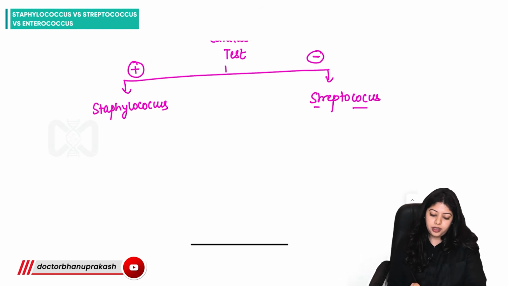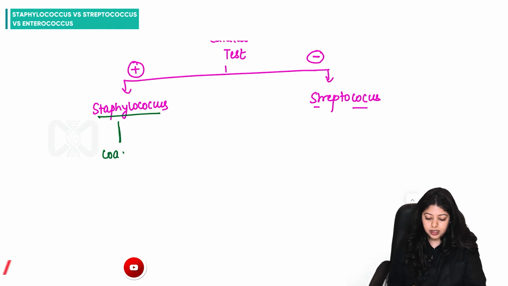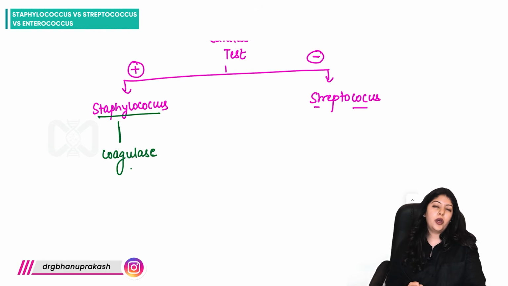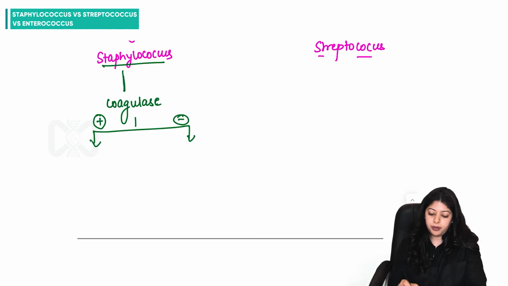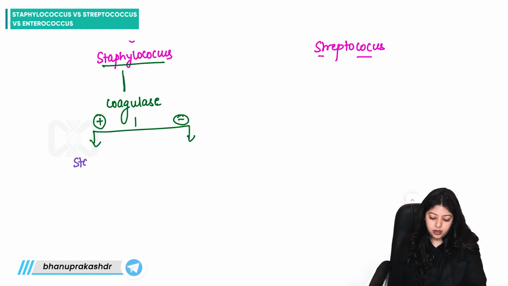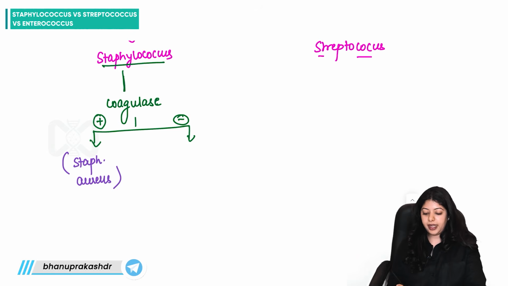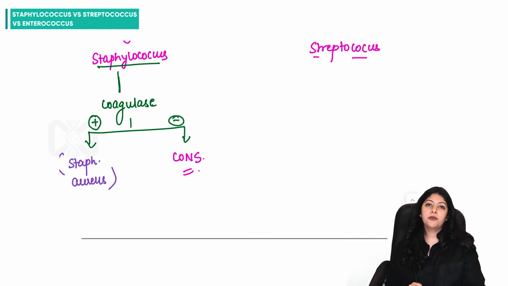Now, for further speciation or identification of Staphylococcus, we have discussed another test, which is the coagulase test, whether it is bound coagulase or free coagulase, right? So the coagulase test can be a positive test, it can also be a negative test. Coagulase positive would be Staph aureus, and negative would be given by CoNS, right?